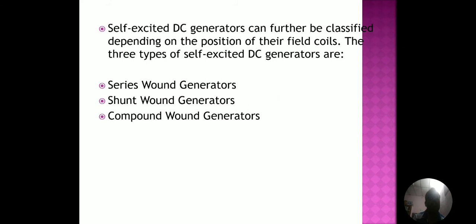Second is shunt wound generators, in which the field winding is always connected in parallel with the armature. And the third one is compound generators. These generators are further classified into two types: number one is short shunt compound generators and number two is long shunt compound generators.